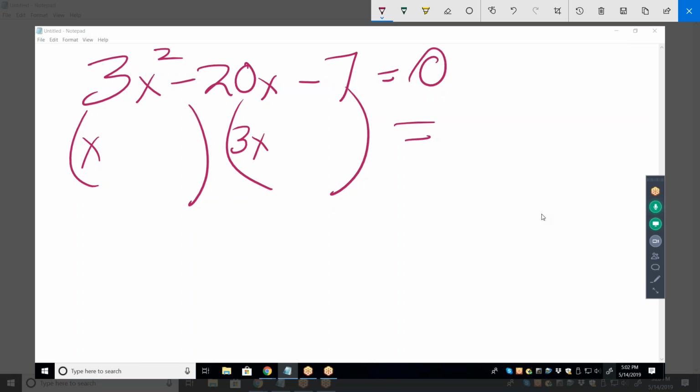One is plus, one is minus. There's the plus minus. And because my coefficients of the x term are different, I have to allow for a minus plus also. Now, there's not a lot of factors of 7. What are they? 1 and 7. That's it. So what's my next step?